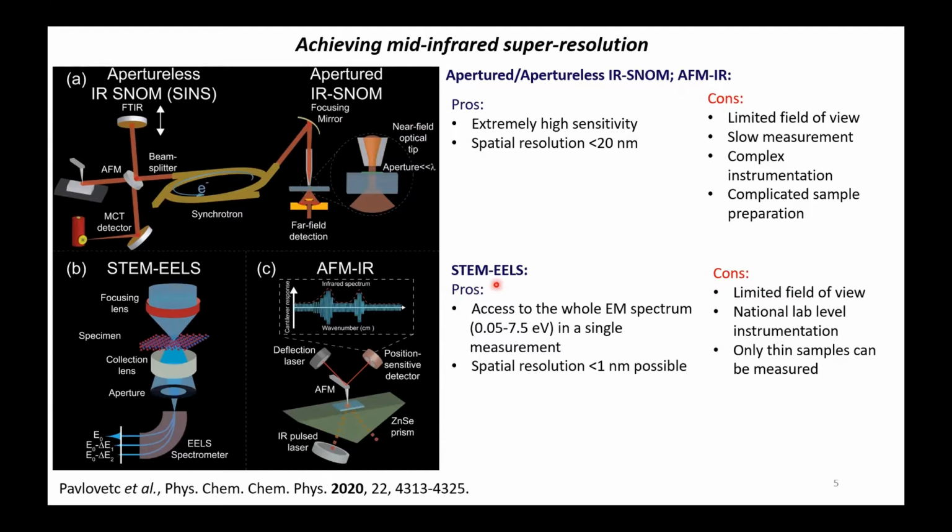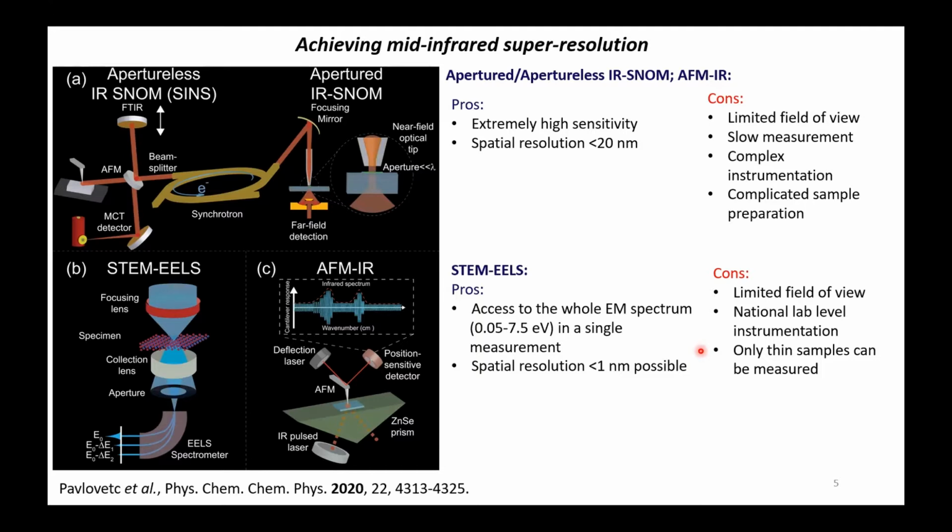Another technique, even more extreme, used for materials science mostly, is STEM-EELS. It can give you access to the whole electromagnetic spectrum in one measurement with unthinkable spatial resolution under 1 nanometer, but it's not instrumentation that you readily find in your lab or your university.